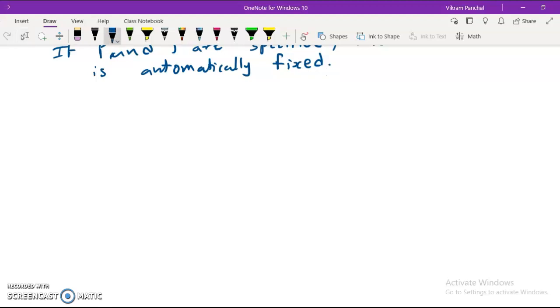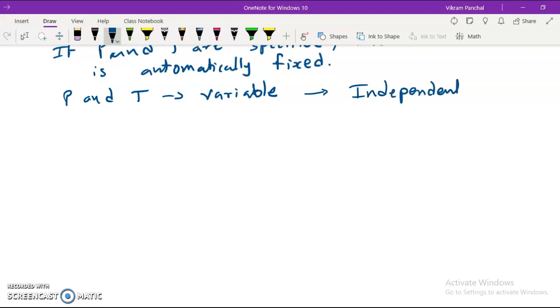So here, suppose pressure and temperature are variables, then they are known as state variables or state functions. The variables pressure and temperature, which must necessarily be specified to define the state of a system, are designated as independent state functions.